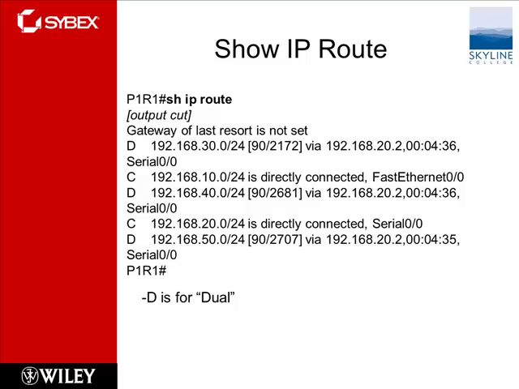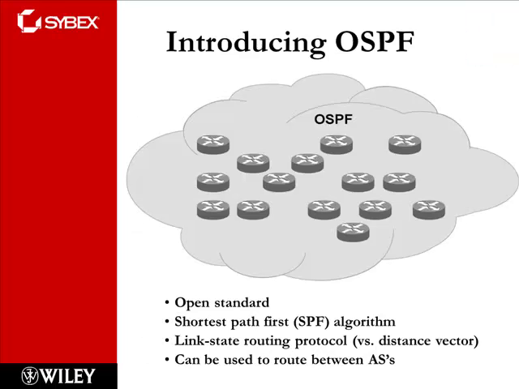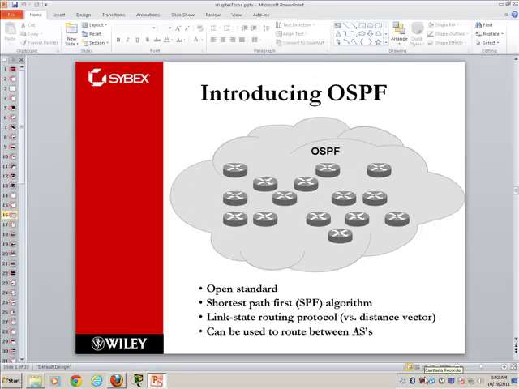D is for DUAL, so D is used in this thing. Administrative distance and the cost, we've already talked about that. So let's stop here and do a little demo.